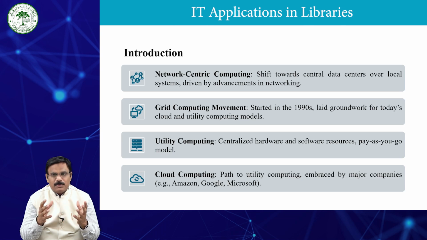When computing resources in distant data centers are used rather than local computing systems, we talk about network-centric computing and network-centric content. Advancements in networking and other areas are responsible for the acceptance of the two new computing models, and that led to the grid computing movement in the early 1990s.